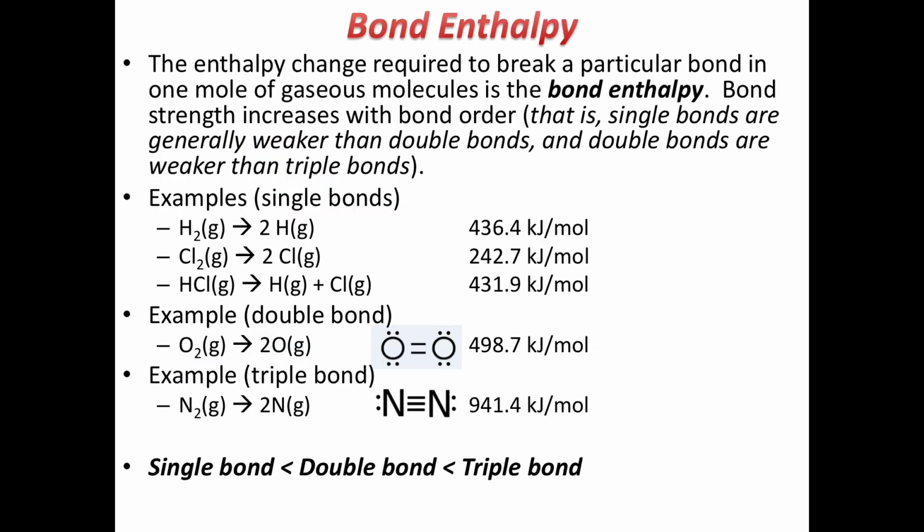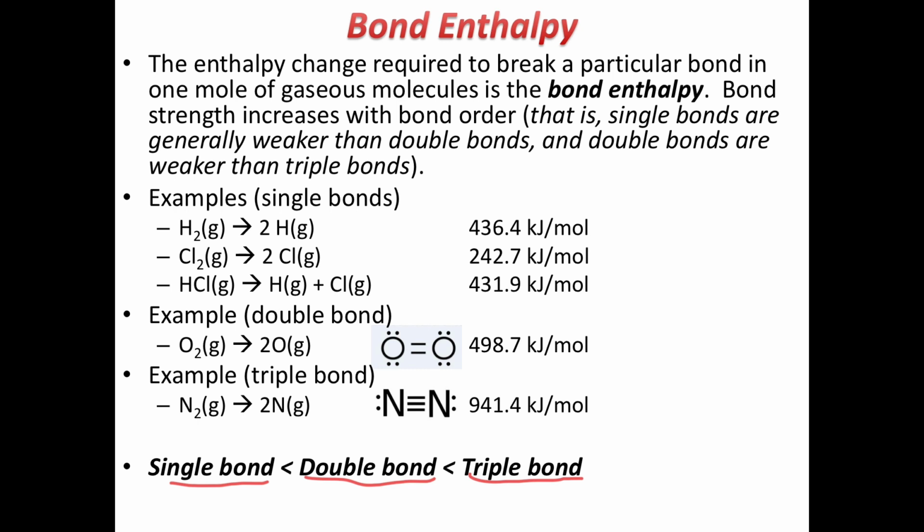Bond enthalpy is the enthalpy change required to break a particular bond in 1 mole of gaseous molecules. Bond strength increases with bond order. That is, single bonds are generally weaker than double bonds, and double bonds are generally weaker than triple bonds.